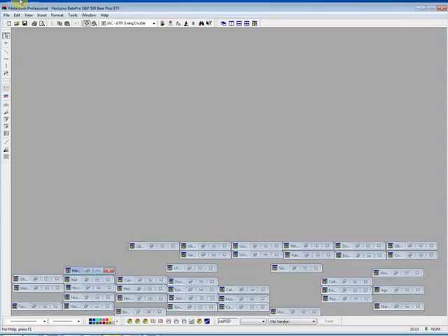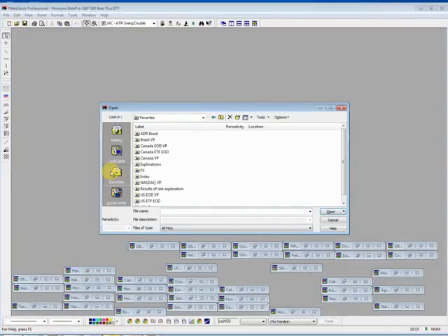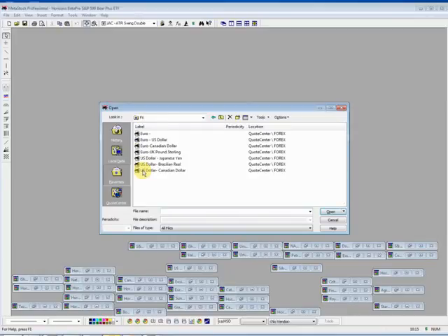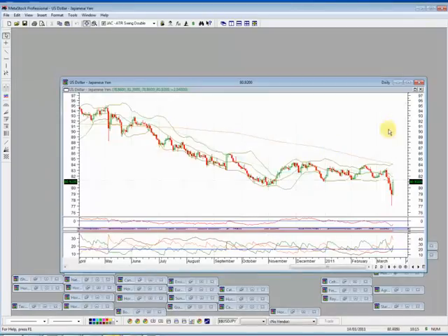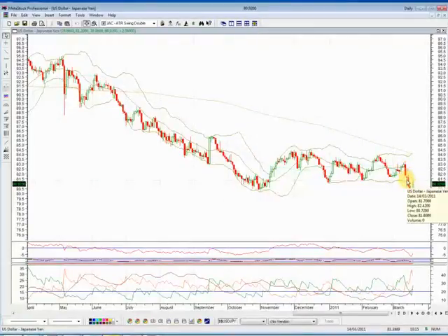Another pair that I would like to mention, because it's in the news, let's go here. It's the US dollar Japanese yen. So right now, what we saw after the earthquake was that the yen became stronger and stronger against the US dollar.